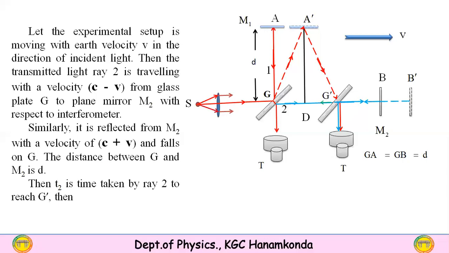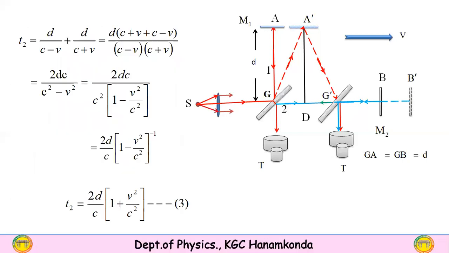Then the time taken by ray 2 to reach G dash is, for example, T2. T2 is the time taken to reach B dash plus the time taken to go from B dash to G dash. Time equals distance by velocity. The first time, from G dash to B dash, the distance is d divided by the velocity of that ray, c minus v.